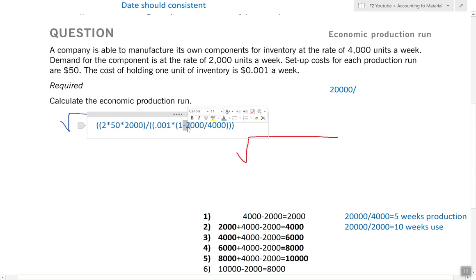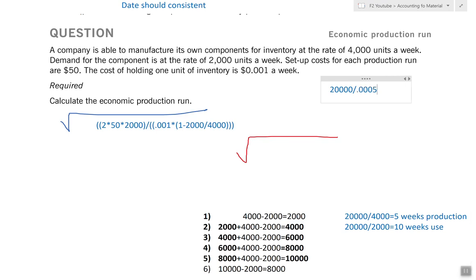If you take 0.50 and minus it from 1, how much does it give you? 0.50. So 0.001 multiplied by 0.50 becomes 0.0005. Now take 20,000 divided by 0.0005 becomes about 40 million.